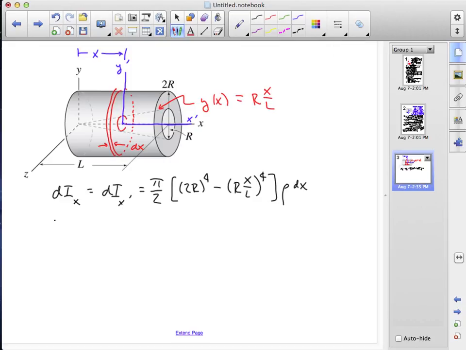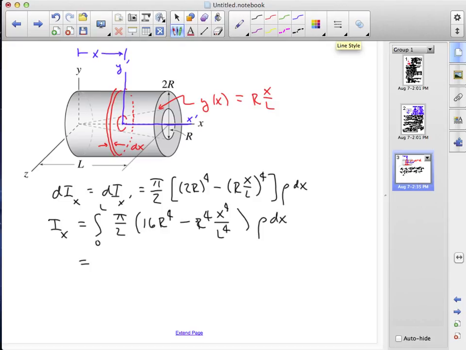So our value for Ix will be the integral from 0 to L of pi over 2 times 16 r to the fourth minus r to the fourth x to the fourth over L to the fourth, rho dx. We can pull a bunch of things out of there: the density, the pi over 2, the r to the fourth.